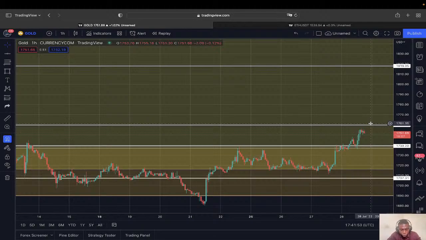Our buy order is activated because we have only set a buy order instructing the broker to execute the trade when the price gets to a particular level. So you are in control of what level you enter into the market and what level you are not going to enter into the market.